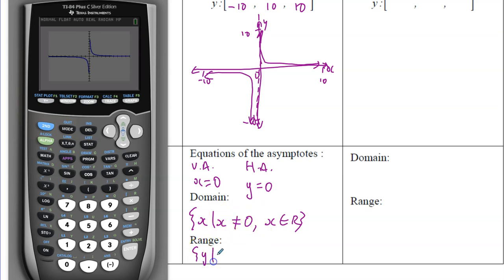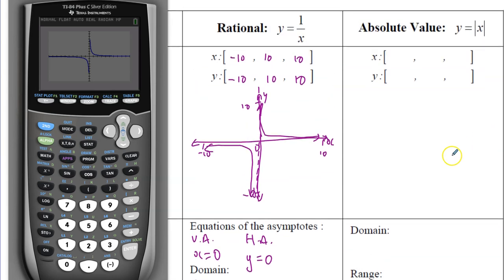And the range is the same, only it's got y values. So we cannot get a 0 value for y. We cannot make x big enough that y becomes 0. We can get as close to 0 as we want, but you can never equal 0.